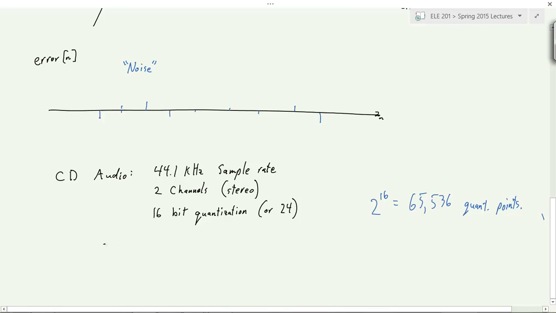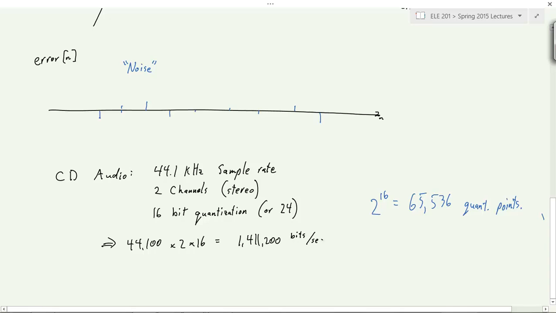Okay, but let's calculate then how many bits are being measured from our signal if we want to save this to memory, right? We should multiply this out. And so just multiplied all those numbers, and what we get is about 1,400,000 bits per second.